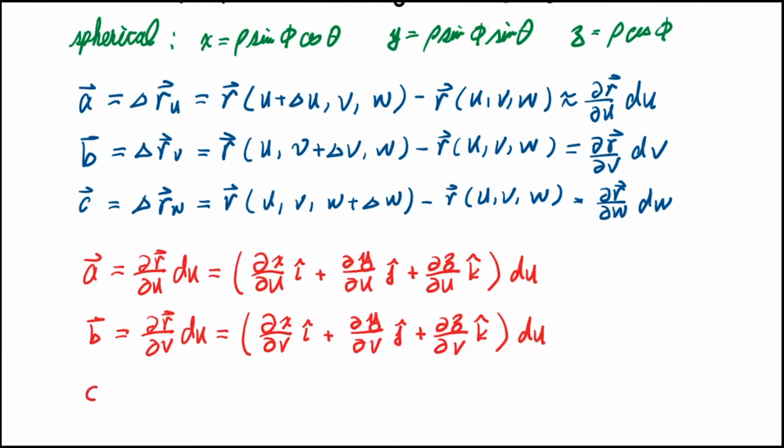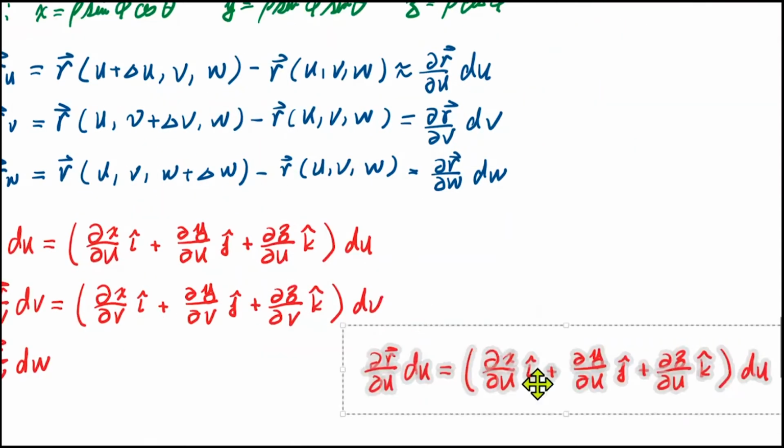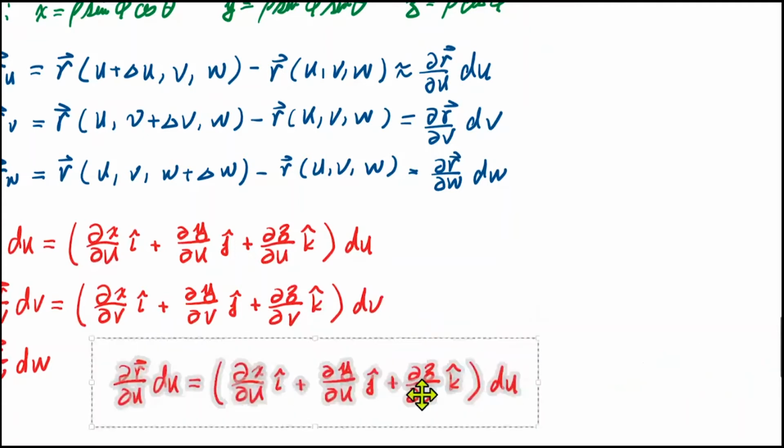Okay, then c vector, likewise, also is partial r, partial w times dw. I knew I missed something. This is v. Okay, and I'm going to recycle the work again. Paste. It goes all the way there, huh?